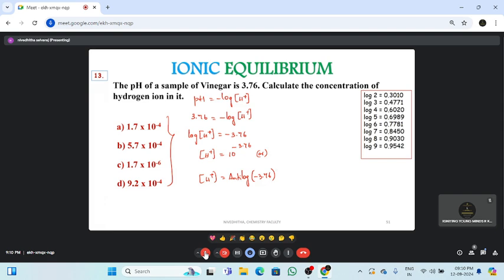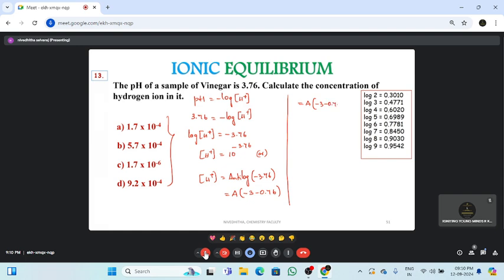Please guys listen. Anti-log, I'm going to write it as A. I'm going to split this minus 3.76 as minus 3 minus 0.76, the value before the decimal point and the value after the decimal point. Whenever you split, you have to make sure that there is no negative sign before the decimal number. How to remove this negative sign? It is very easy.